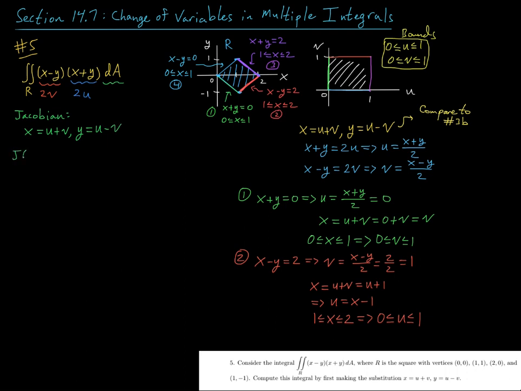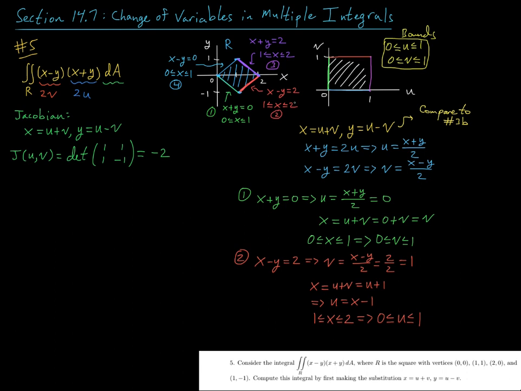So our Jacobian then will be the determinant of, and here we want to take the u derivative of x, that'd be 1. Then take the v derivative of x, that's 1 as well. Then take the u derivative of y, that's 1. And then the v derivative of y, that's negative 1. So this determinant would be negative 1 minus 1, that'd be minus 2.